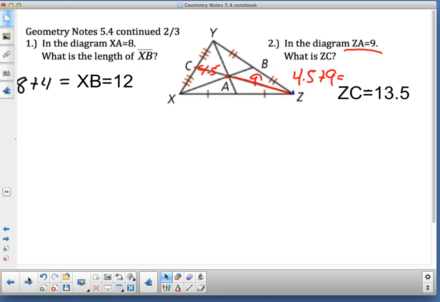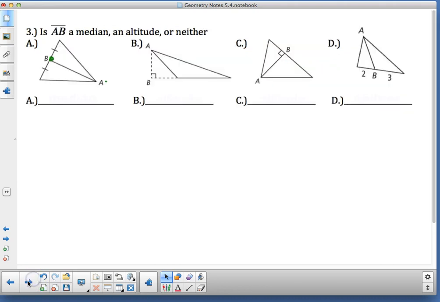You have to realize which of those 4 make the circumcenter, which is perpendicular bisectors, the incenter, which is angle bisectors, the orthocenter, which is altitudes, and the centroid, which is medians. And be able to realize what the mathematical connection is. So on this one, just read them and decide which one's which. We're just wondering about median and altitude, or neither.